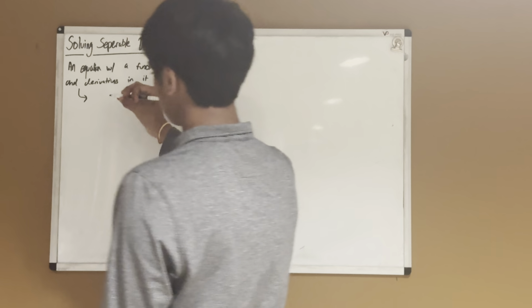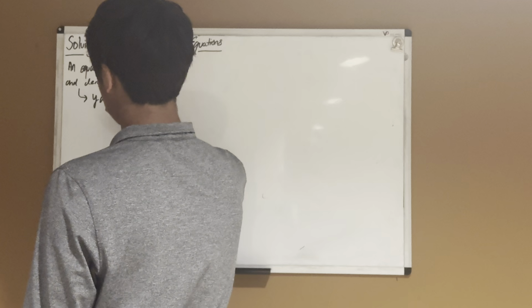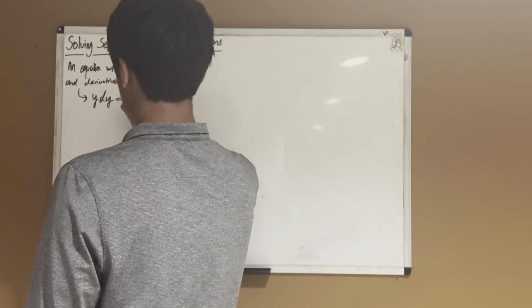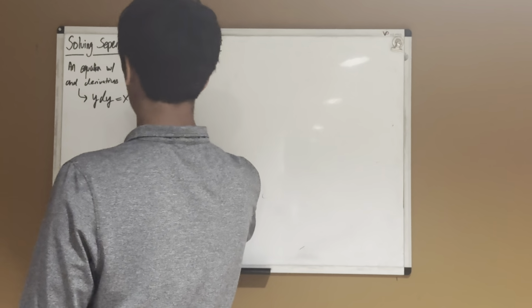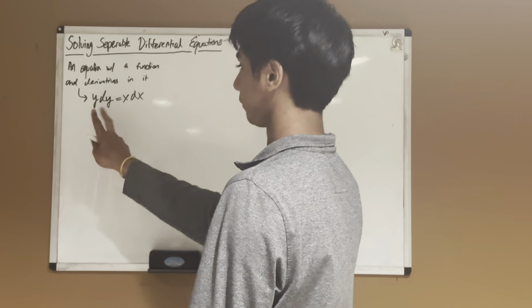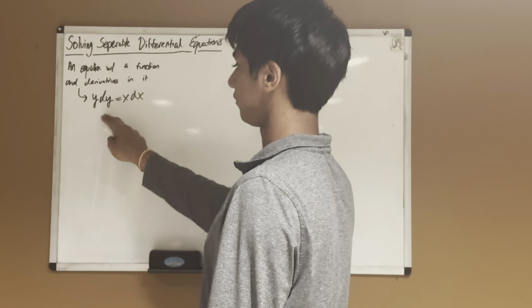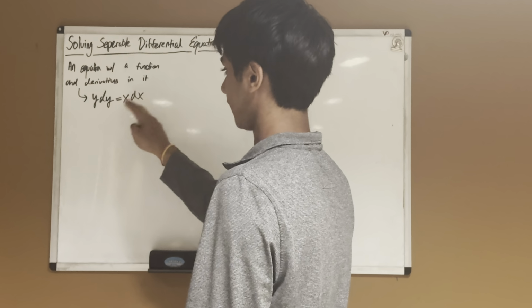An example of a separable differential equation would be something like y dy equals x dx. So here we have differentials, and it's separable because we were able to get all the y terms with the y derivatives on one side and all the x terms with the x derivatives on the other side.